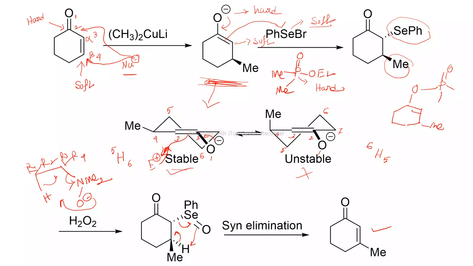There will be some alternative where this question will come, this one for addition and elimination. So if we use selenium oxide, then also syn elimination; NMe2, that time also syn elimination. So we have to use H2O2. In some papers there will be H2O2 or PhCO3H.